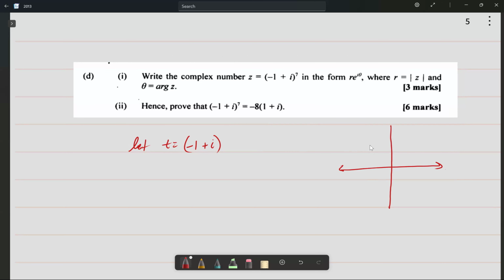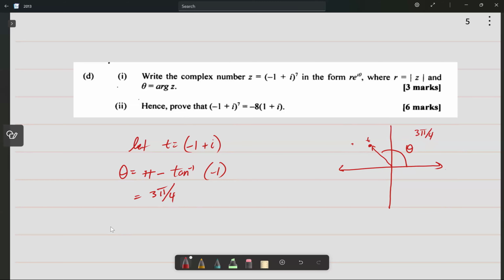So t is over here, at negative 1, positive 1. This is the angle that it has, so we need to find the angle. Theta is in this quadrant, which means it's pi minus tan inverse of 1. Plug it in a calculator, you get 3 pi over 4. So the angle here is 3 pi over 4.